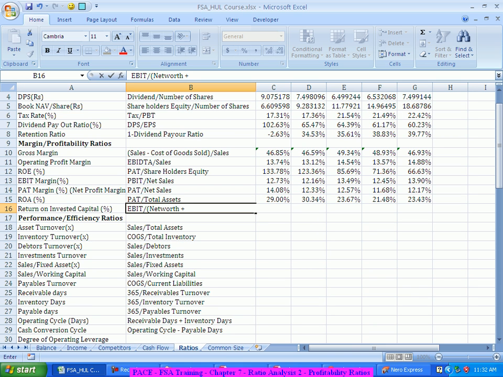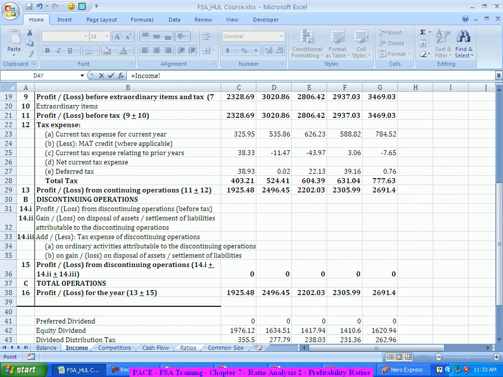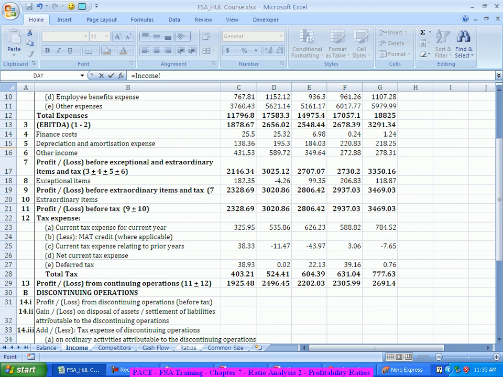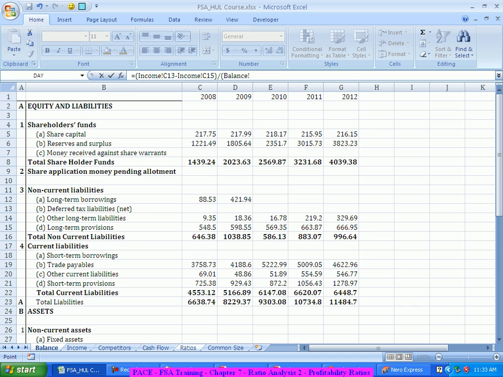Net worth plus the long term liabilities, non current liabilities. So I'll get this as EBIT. EBIT I'll get only from EBITDA. I'll subtract the depreciation, because here we don't have EBIT directly. EBITDA minus depreciation, this is EBIT, divided by the shareholders funds plus the non-current liabilities.